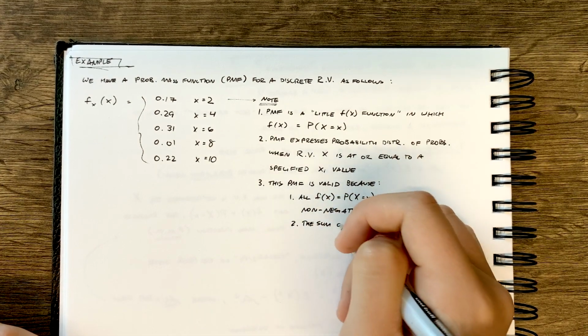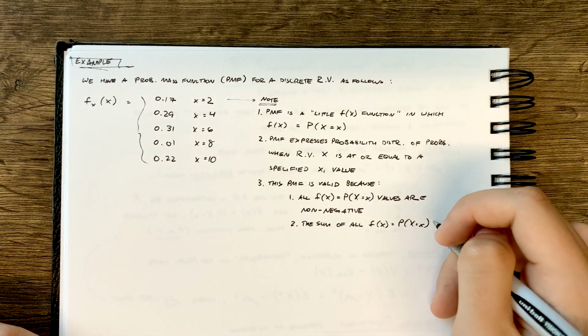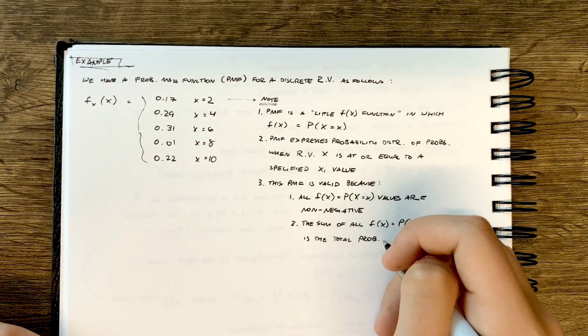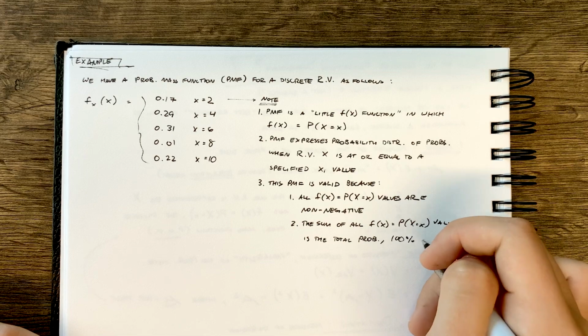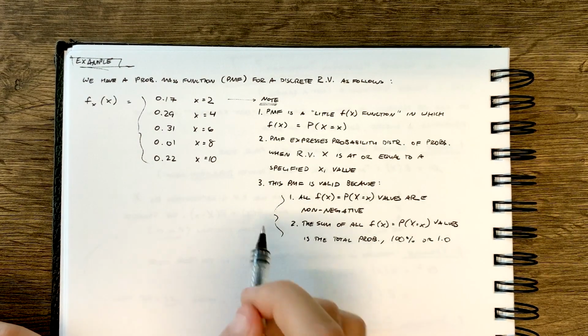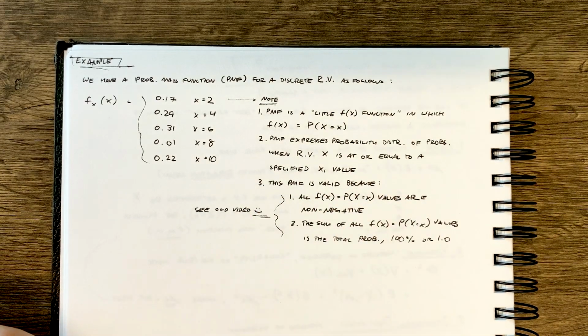Secondly, we can sum all the values of our f of x function, or sum all these probabilities together, and that should equal the total probability, in other words, 100% or 1.0. And since this statement is also true, we can call this probability mass function valid. If you'd like to see more examples on that, you can go check out my old video, which I'll link somewhere here or here.